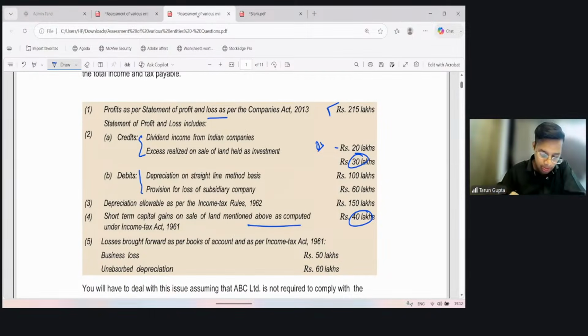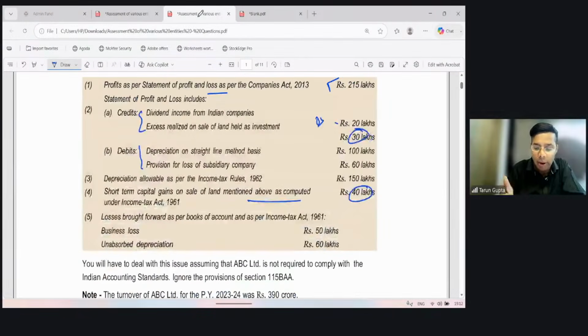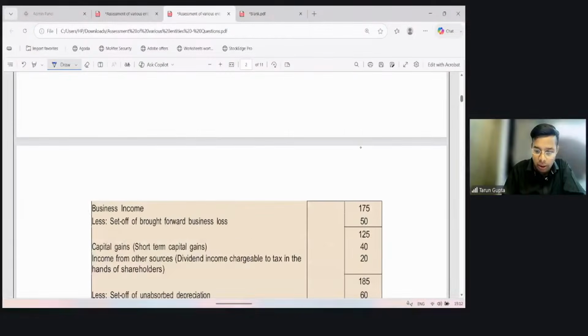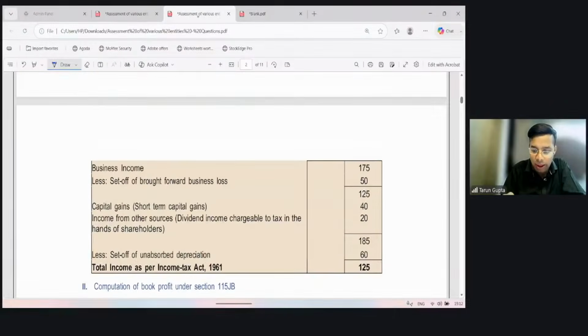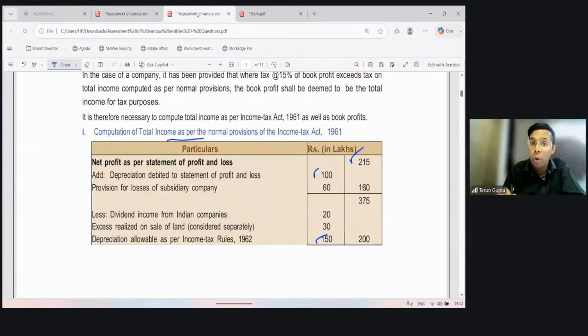So if you see, total income as per the normal provisions, we start with 215 lakh. The depreciation of 100 lakh is added back, which is already debited to the P&L account. And this 150 lakh as per the Income Tax Act shall be reduced. Then provision for loss of subsidiary is not allowed under normal provisions, so it is added back.